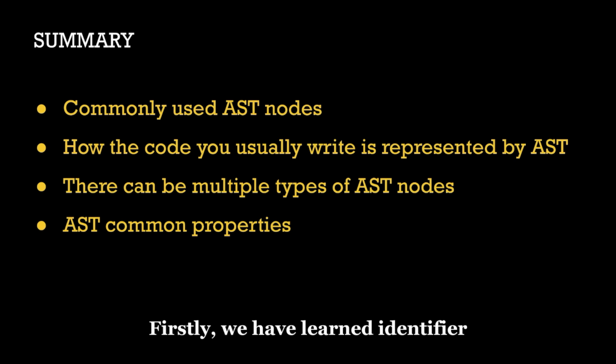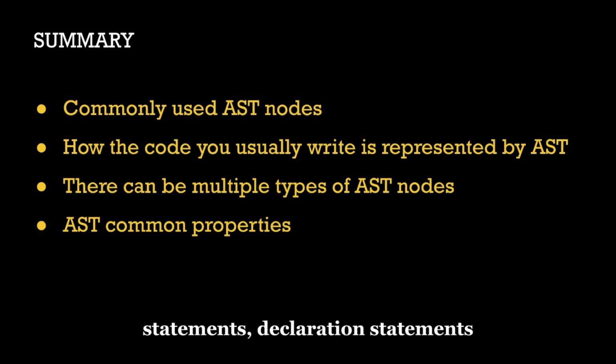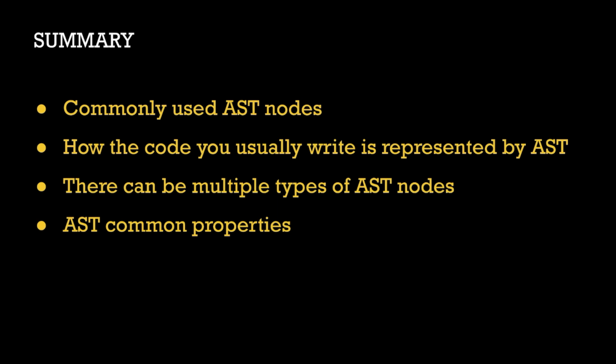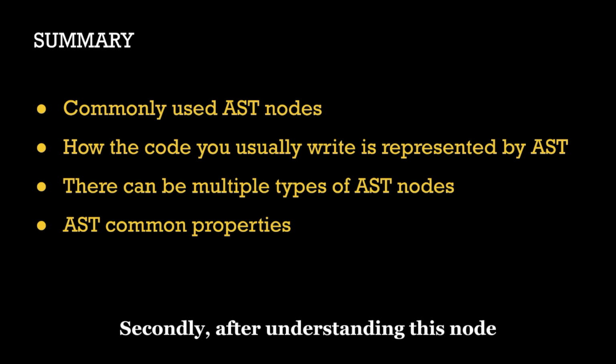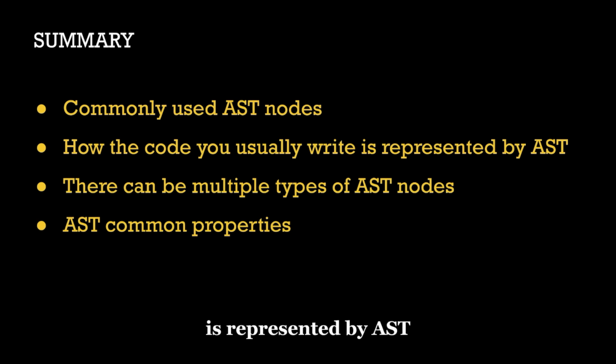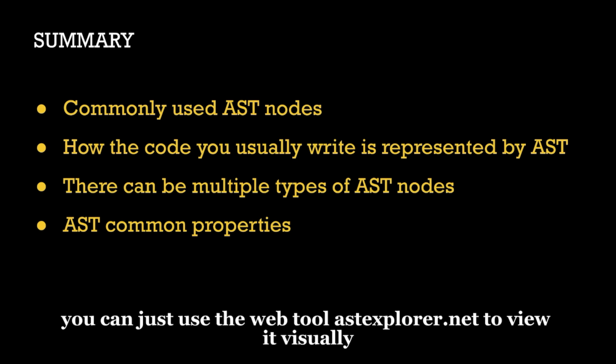Firstly, we have learned identifiers, various literals, statements, declaration statements, expressions, and AST nodes such as class, modules, file, program, directive, comments, etc. Secondly, after understanding these nodes, you know how the code you usually write is represented by AST. And of course, you don't need to remember it. You can just use the web tool astexplorer.net to view it visually.